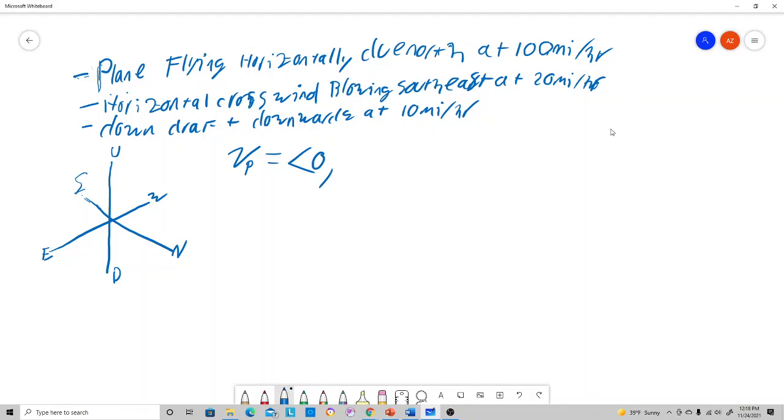And then it's flying due north at 100 miles an hour, and that's the y direction, so 100 miles an hour. And then it's not going up or down, so it's just zero. So we can try to plot it. It would be probably around right here.